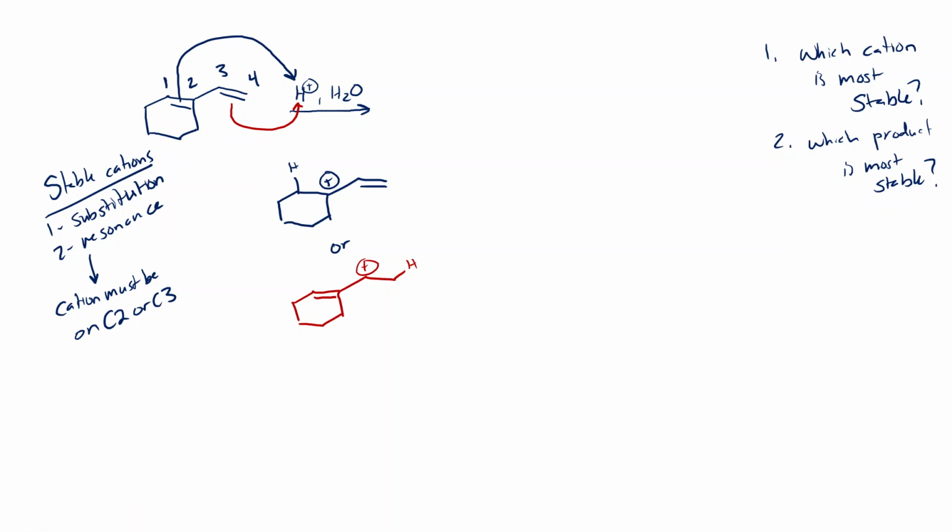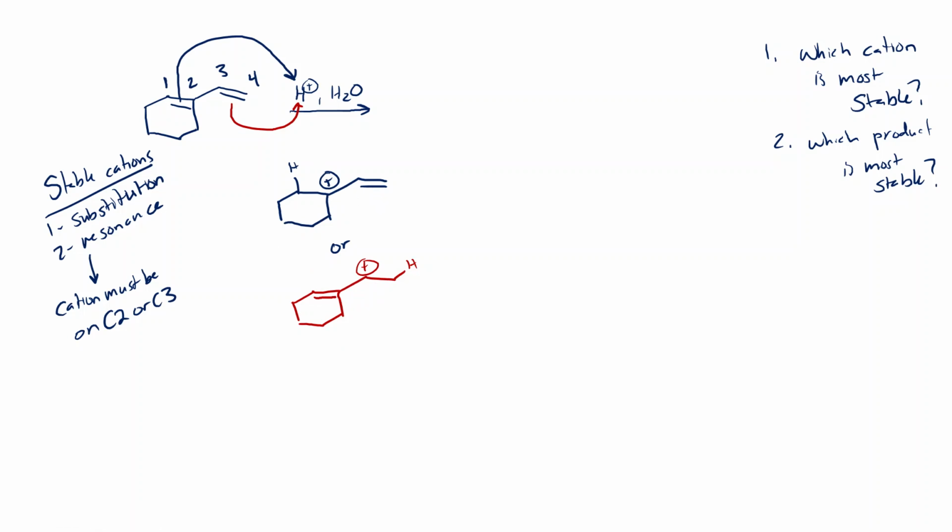And resonance is always going to lead to the most stable carbocation. So we'll always put the carbocation on carbon 2 or carbon 3. Now we just need to figure out which of these is the most stable. We have a secondary cation here, stabilized by resonance, or we have a tertiary cation here, which is stabilized by resonance.